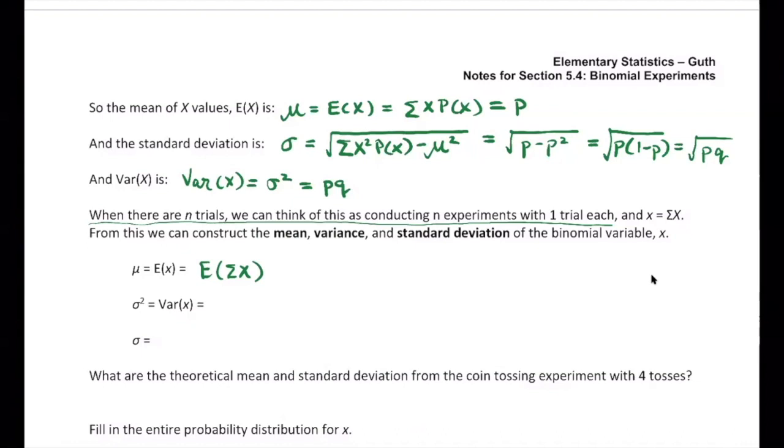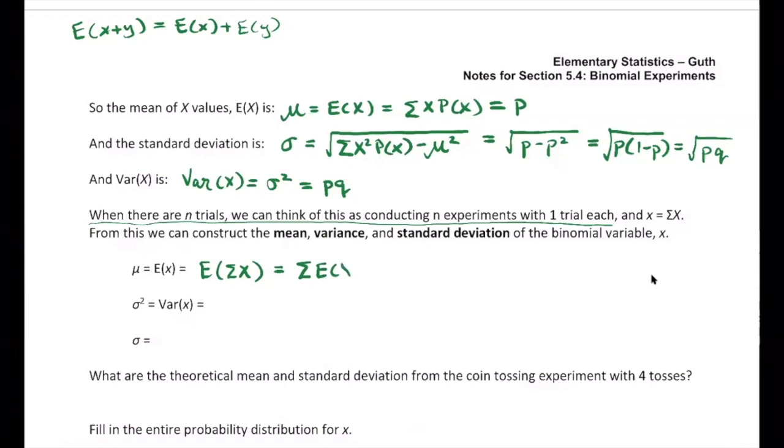But then I would remind you that the expected value of x plus y is the expected value of x plus the expected value of y from our last section that we covered. So that is to say, the expected value of a sum is the sum of the expected values for each individual coin. That should be a capital X there.